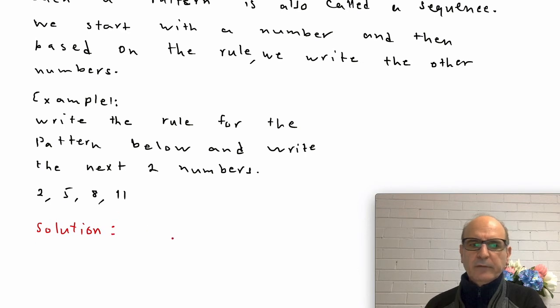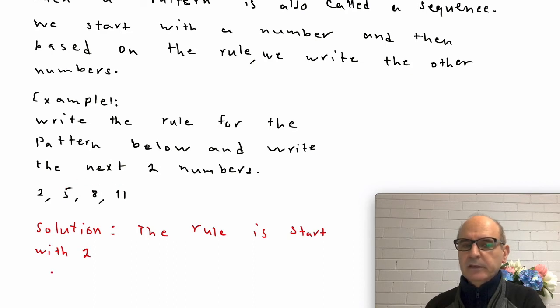Okay, the rule is, start with 2, and as you can see, we keep adding 3. So 2 plus 3 is 5, 5 plus 3 is 8, 8 plus 3 is 11.